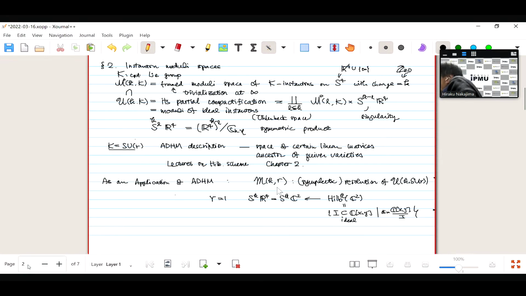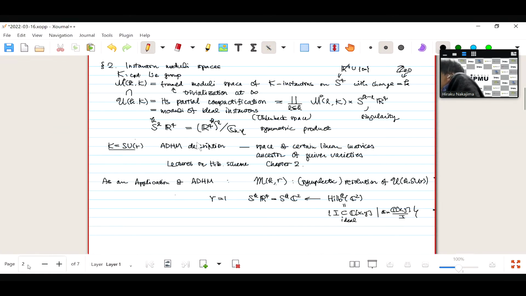And this is somehow the basic building block, which I hope will give you some flavor of this instanton moduli space. So when R equals 1, M(K,1) is the so-called Hilbert scheme of points on C^2.